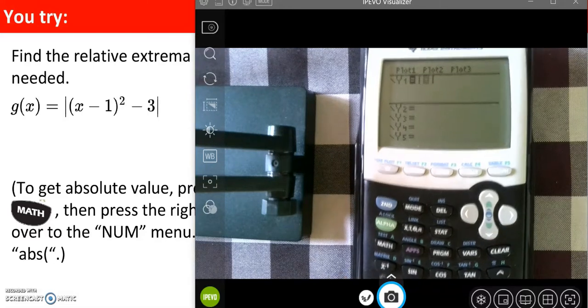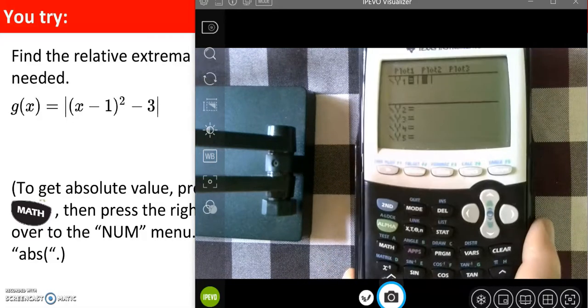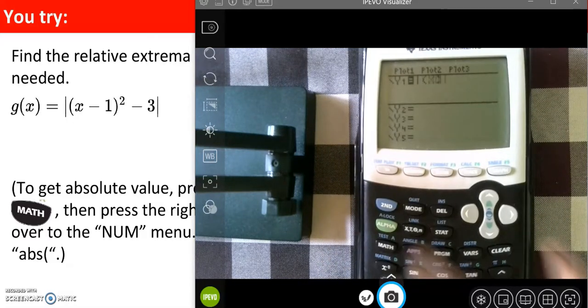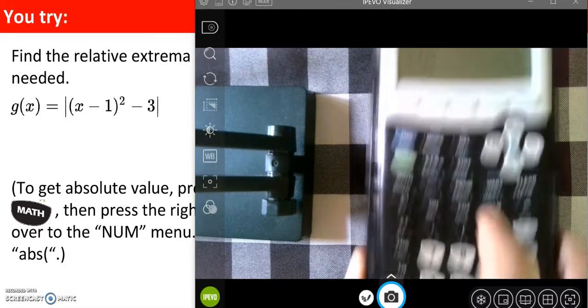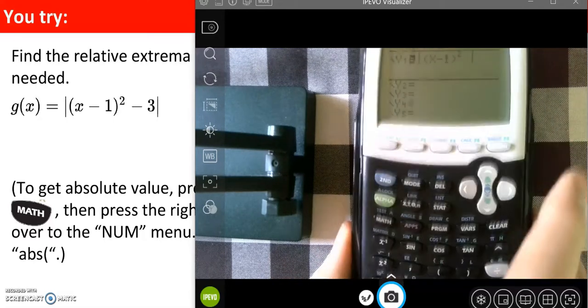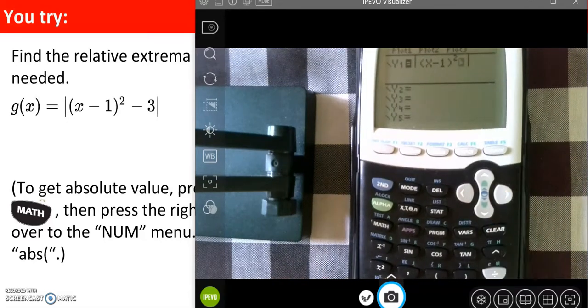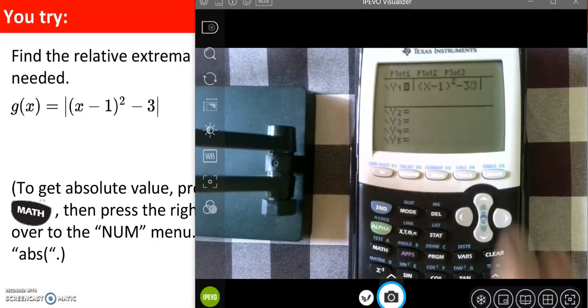I need, in parentheses, and by the way, your parentheses are here, x minus 1, all of that squared. The squared button is right here. So if I just hit that, that will square the input. And then minus 3. Why don't you see if you can use that to get the graph? And if you can get the graph, see if you can find the extrema.